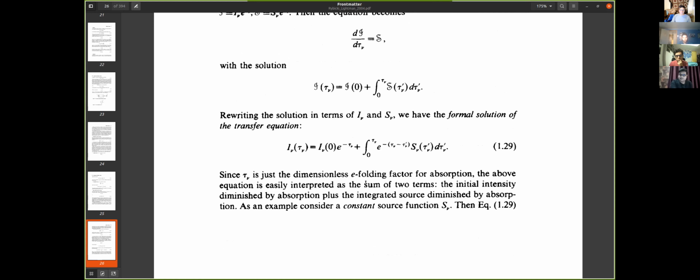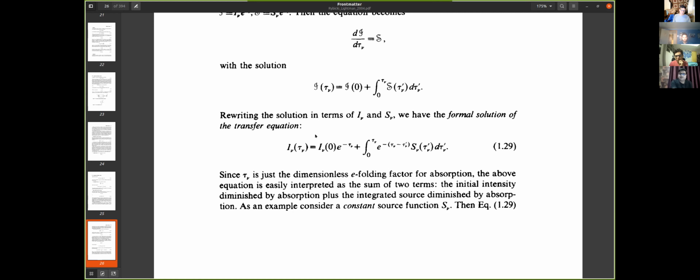And here the author has mentioned that this equation 1.29 can be interpreted as the sum of two terms: the initial intensity diminished by absorption plus the integrated source diminished by absorption.